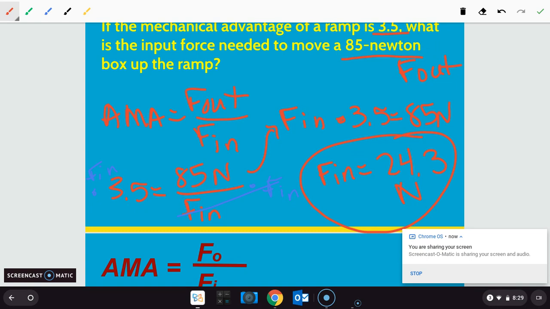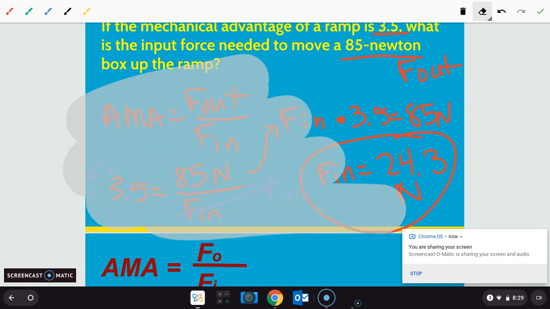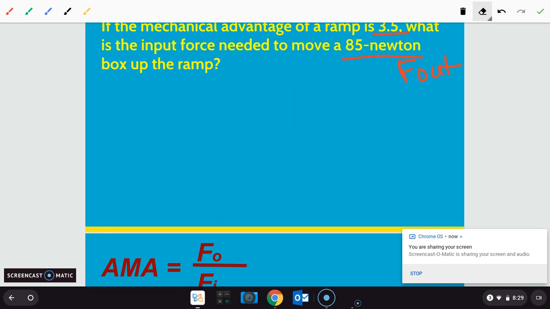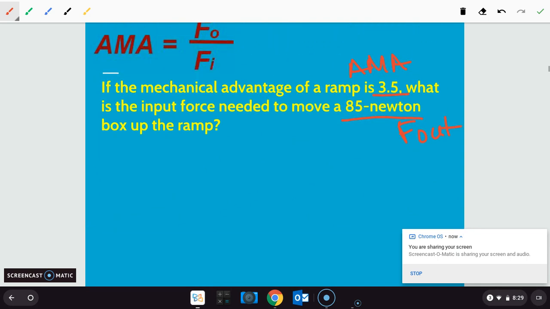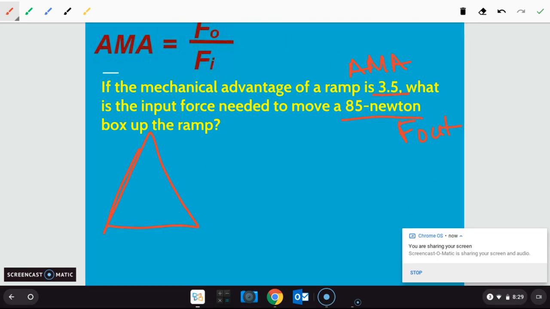Now, if you hate doing that and you like rearranging with the triangle, I can start over. The triangle for this one would have force out on the top, AMA in this corner, force in this corner.